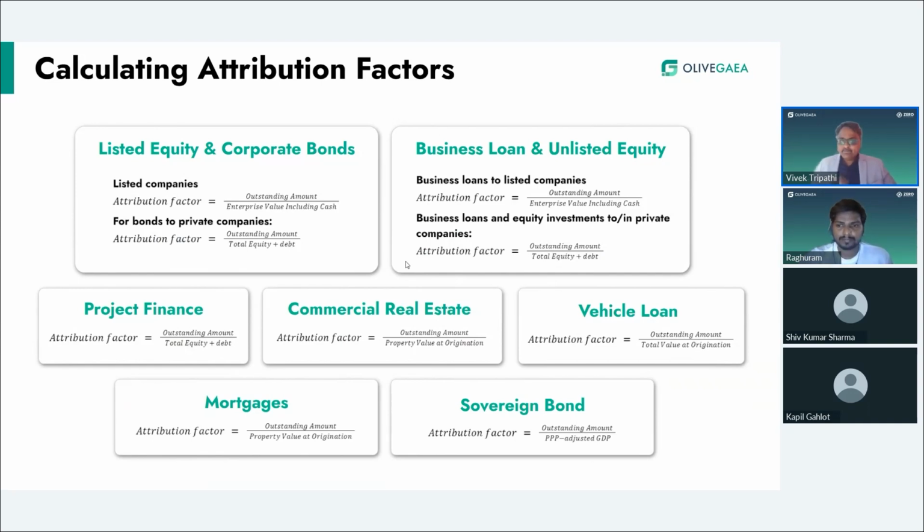Now, in this case, it was property value at origination. If you look at listed equity or corporate bonds, the attribution factor would vary depending on whether you're talking about a listed entity or a private entity. In the case of a listed entity, one factor which is always available is the enterprise value. Enterprise value is typically based on the market capitalization of the company. So either it is total assets or debt that you need to add up, or it would be the market capitalization which is available on the bourse, right?